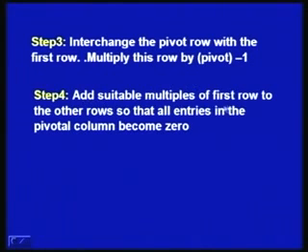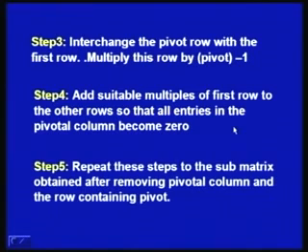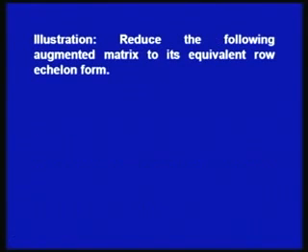Finally, add suitable multiples of the first row to the other rows so that all entries in the pivotal column become 0, and then we can apply this method to submatrices after removing the pivotal column and the row containing the pivot. Let us see this with an illustration.